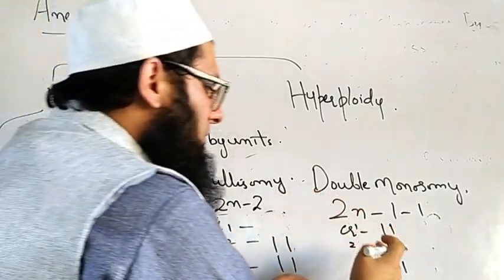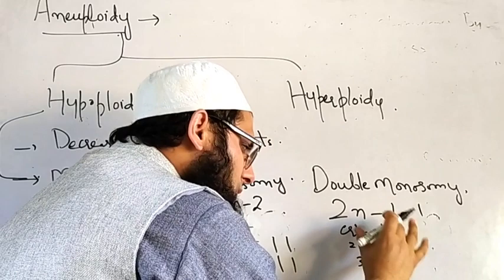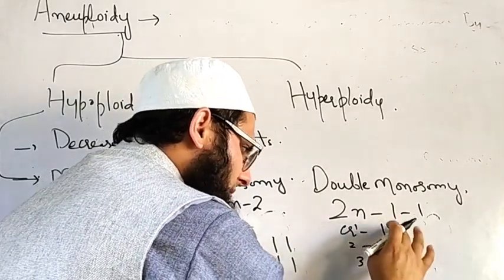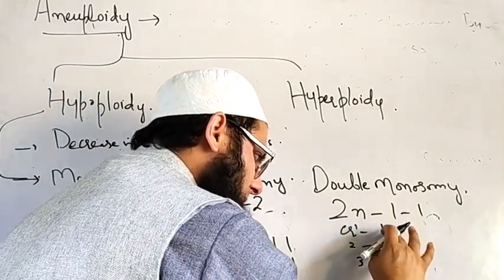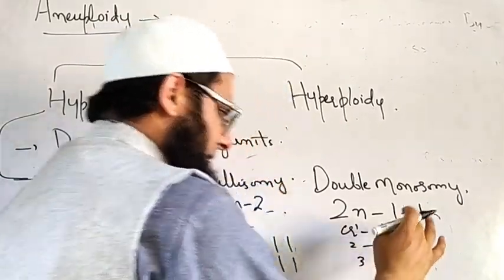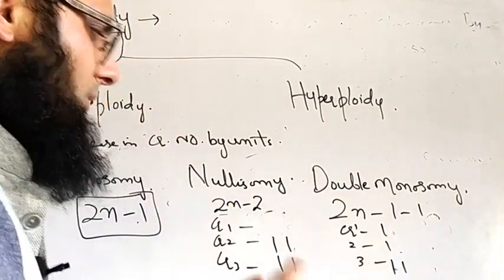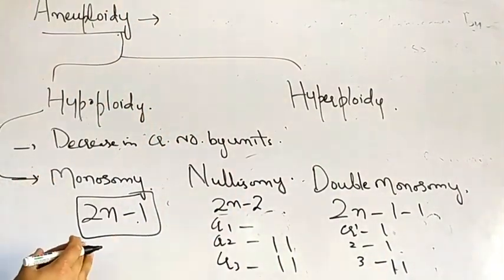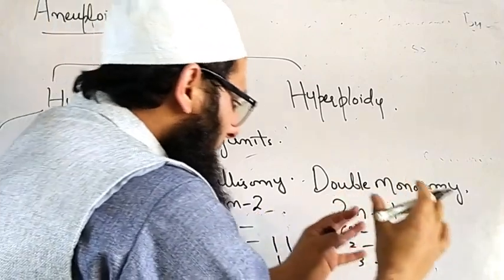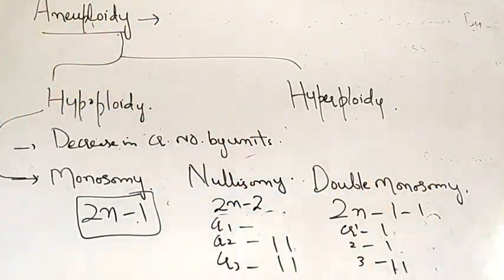However, in double monosomy, we are not losing the complete homologous pair, but we are losing 2 chromosomes from 2 different homologous pairs. For example, chromosome 1 loses 1 copy, chromosome 2 loses 1 copy. So 2 chromosomes are lost from 2 non-homologous pairs. In nullisomy, we are losing 1 complete homologous pair. This is the difference between nullisomy and double monosomy.